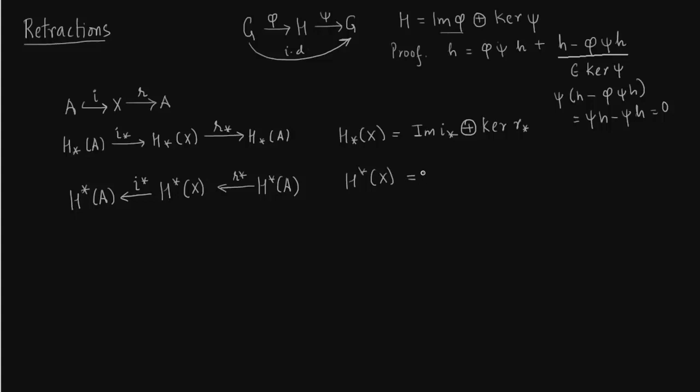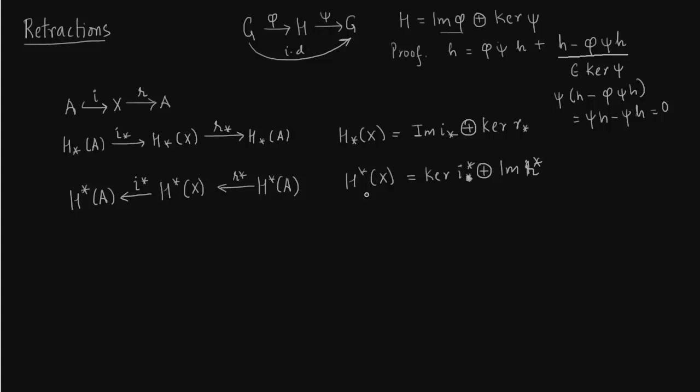It has to be the image of the incoming map, which is R star, and the kernel of the outgoing map, which is I star. This I star should be a superscript. You should have R star here, and the first I star should be a superscript. Okay, so this is important.